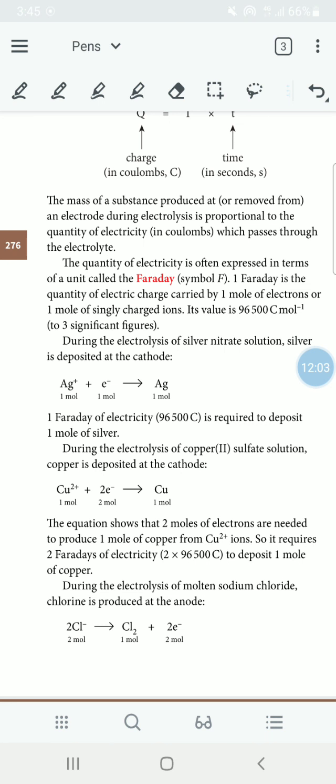Leave a line and write 1 Faraday, 1 F equals 96,500 coulombs per mole, 96,500 C mol minus 1, capital C. Then write example: Ag plus e minus giving Ag, 1 into 96,500 coulombs, because only 1 mole of electrons is involved.